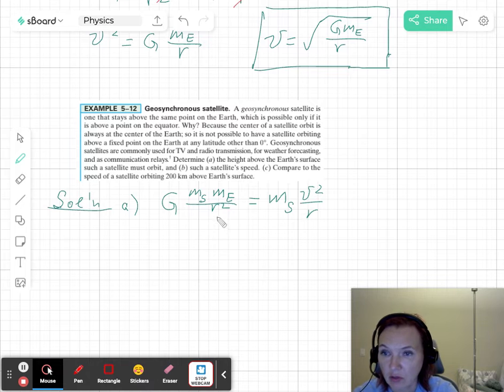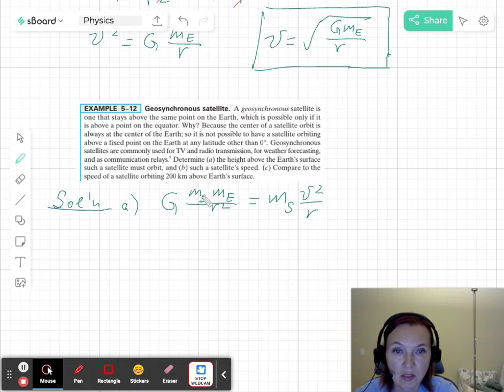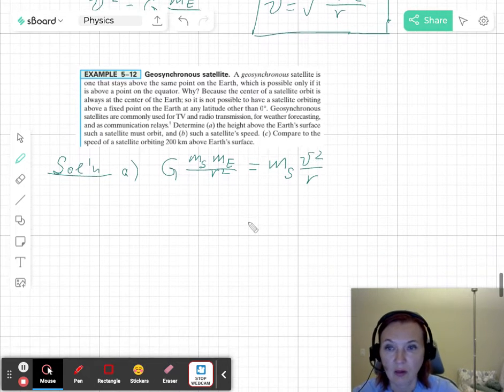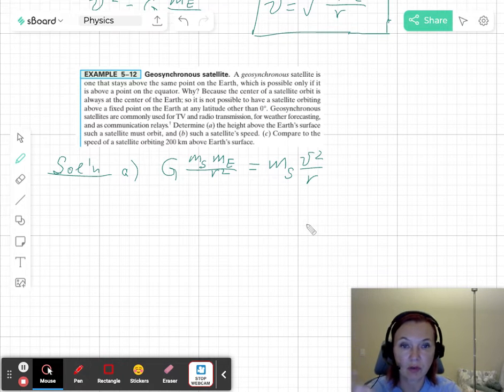Now in this equation we have two unknowns, r and v. We know the mass of the Earth. We can see that the mass of the satellite will cancel out. We do know G. But we remember that one full period of rotation is 24 hours, right?